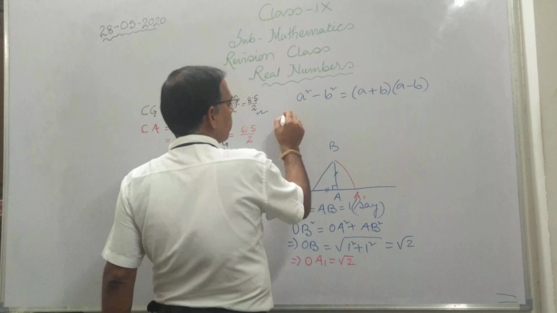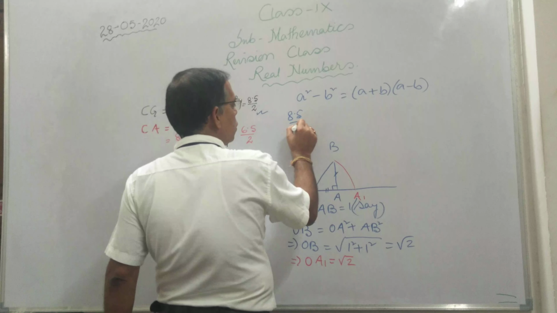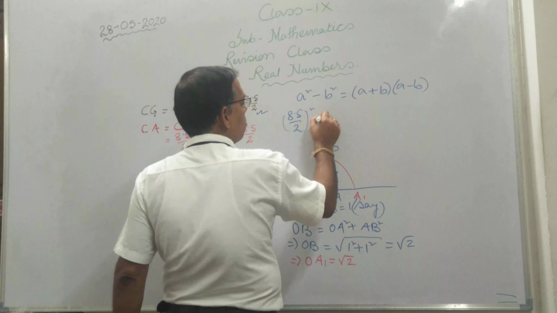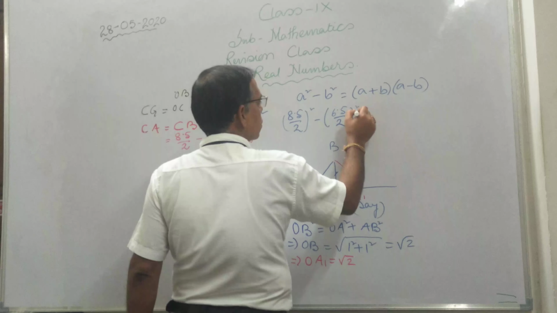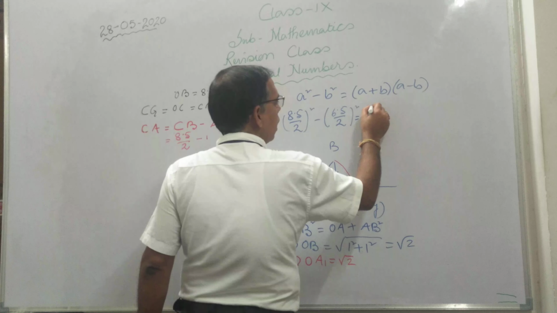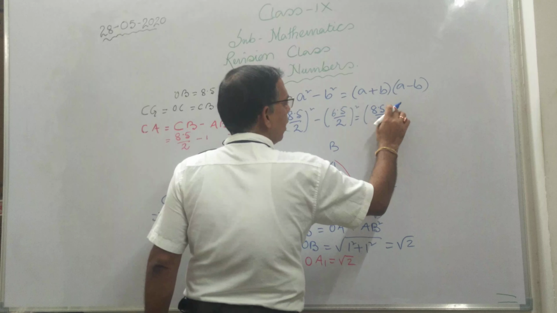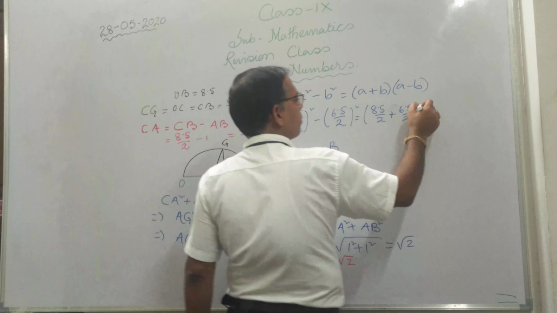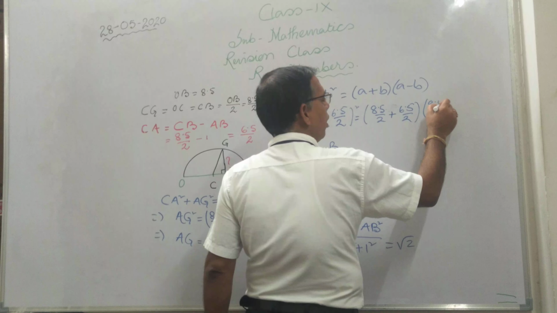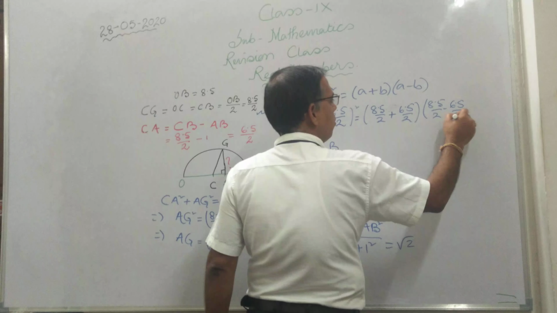So it will be 8.5 by 2 whole square minus 6.5 by 2 whole square, which is ultimately (8.5 by 2 plus 6.5 by 2) times (8.5 by 2 minus 6.5 by 2).